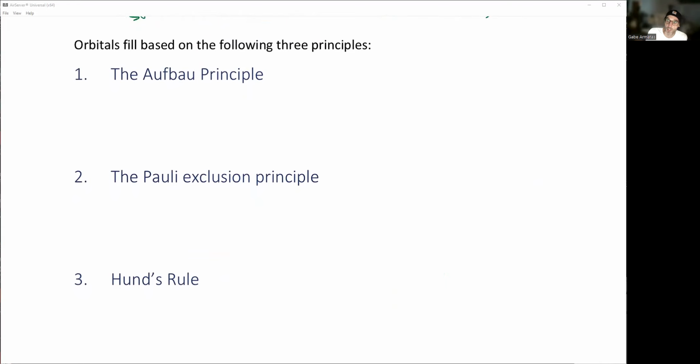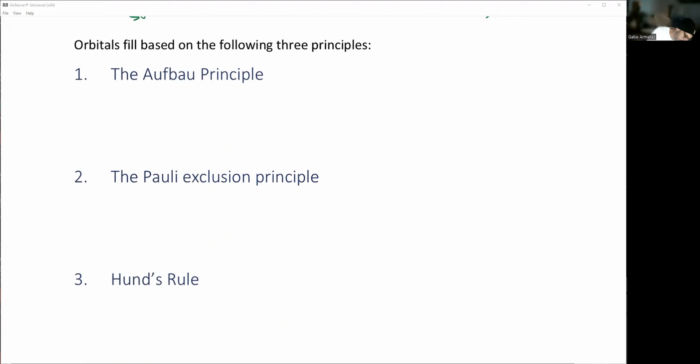Okay, so the first one is the Aufbau principle. The Aufbau principle is the filling up principle. The German word Aufbau is roughly translated as to construct or to build up.